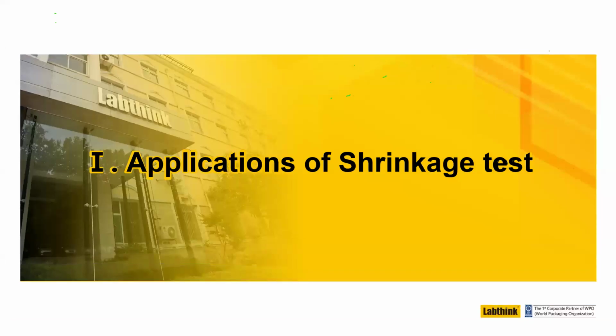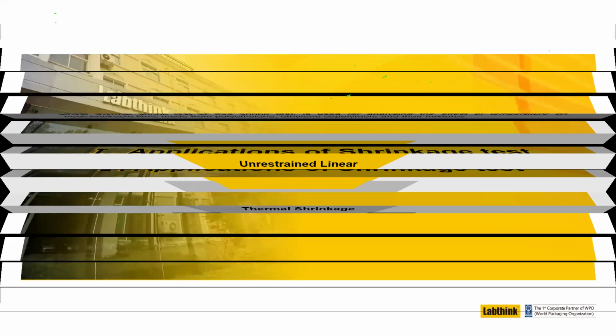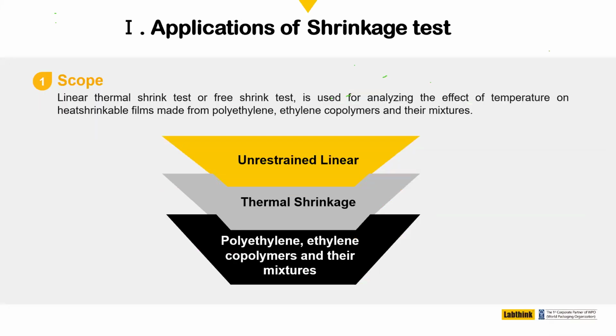So first up, let's take a look at the applications of the shrinkage test. Some of you will be already involved with the manufacture of shrink film materials. Some of you might be looking at this as a new business opportunity or just through curiosity. There are a couple of different ways of measuring some of these characteristics.